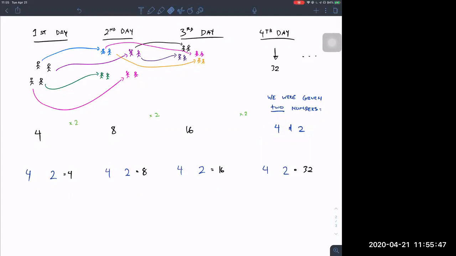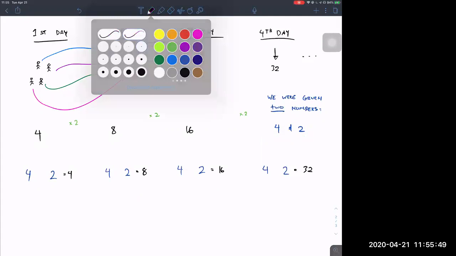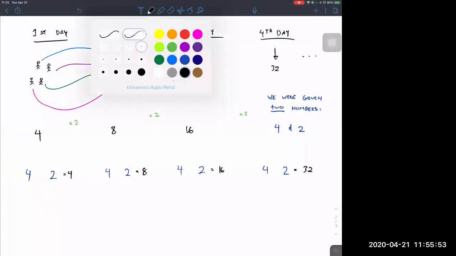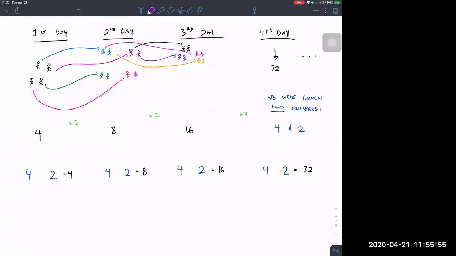So it actually looks like this. What we want is, let's use purple. They're growing because of this multiplicative state right there. So it's a multiplication, but it's not just mere multiplication.